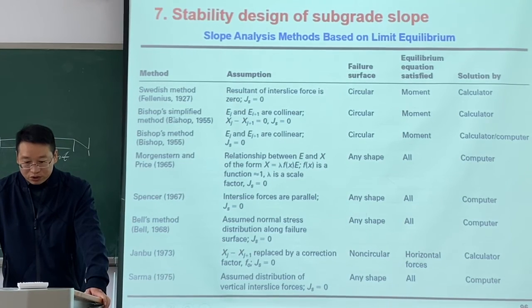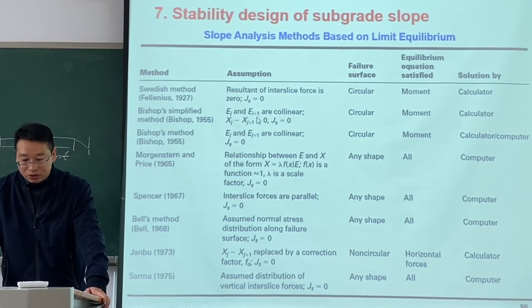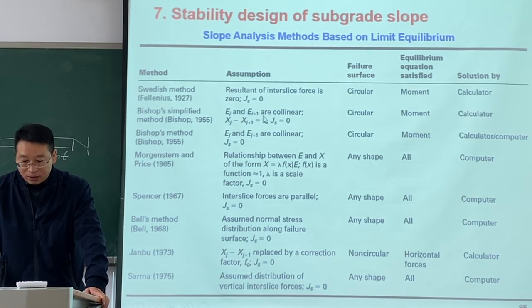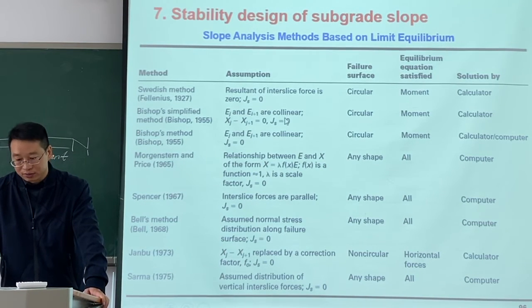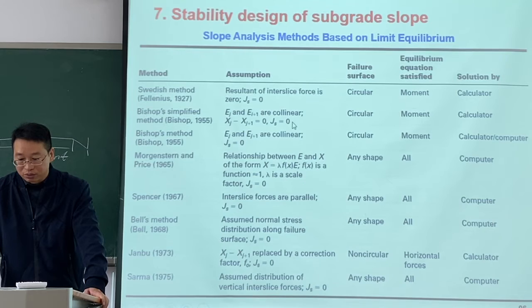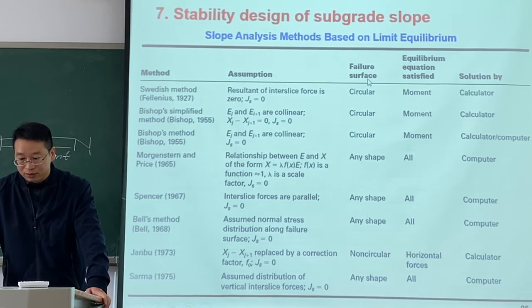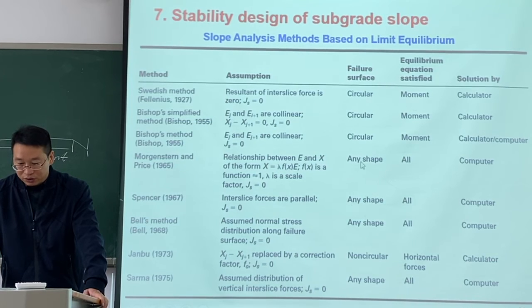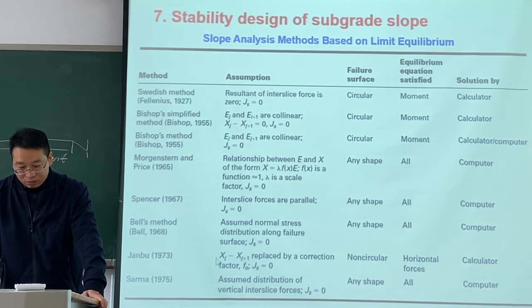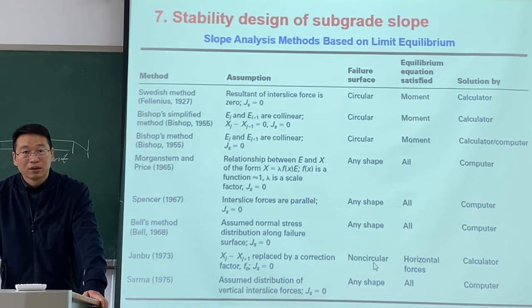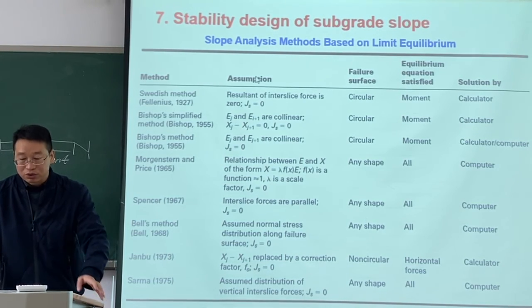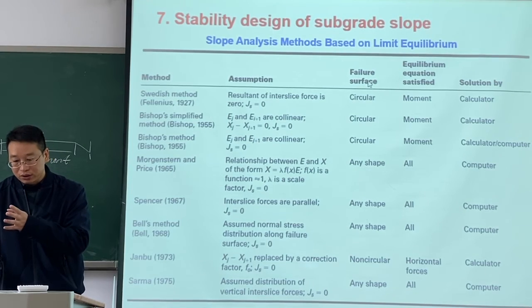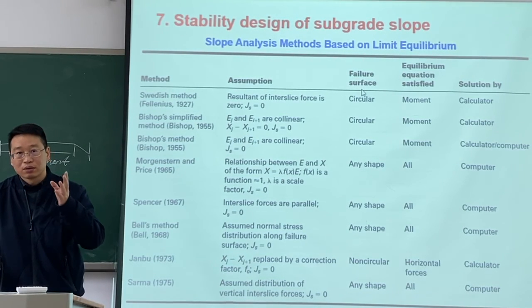But for Bishop's simplified method, Ej and Ej plus 1 are collinear and equal, and Xj is 0. And the failure surface is circular. But for this method, the failure surface is any shape. But for Janbu, it is non-circular. So some assumed parameters are different, and failure surfaces are different.